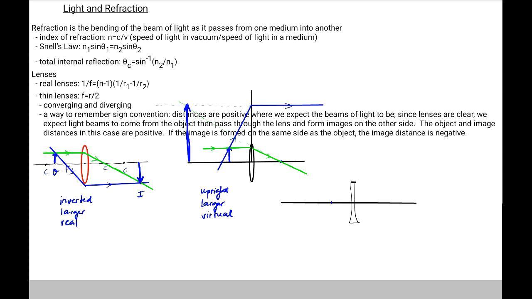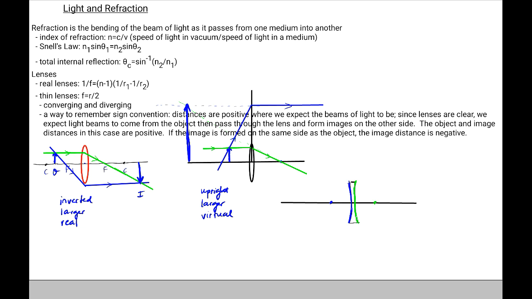Here's a focal point, and there's a focal point. And the difference between the focal points for diverging lenses and converging lenses is that, I guess I'll color code them. This surface has a focal point over here. This surface has its focal point over there.